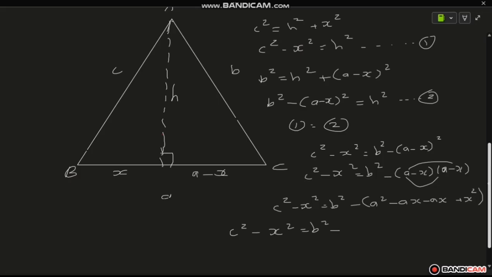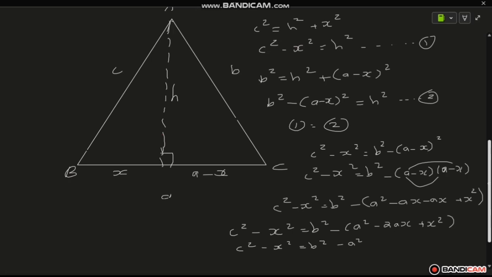Therefore, we have c squared minus x squared equal to b squared minus (a squared minus 2ax plus x squared). Let's eliminate the bracket by distributing the negative into the brackets: b squared minus a squared plus 2ax minus x squared.